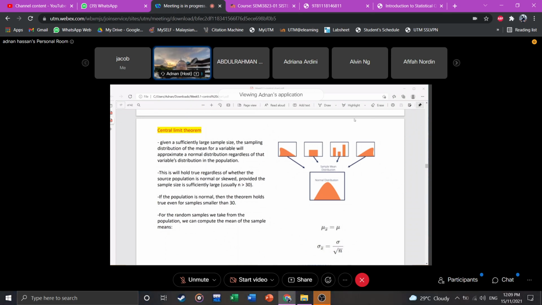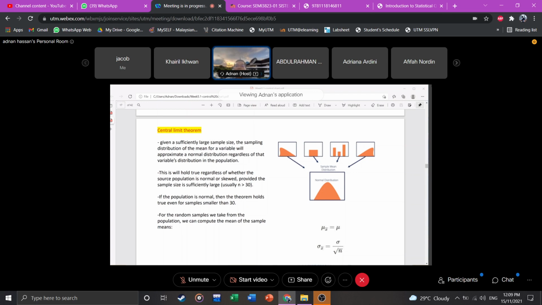We need to understand this central limit theorem related to rational subgrouping also. Anyone? Is it the normal distribution that standardized to sampling distribution? Sometimes when we take sampling, we don't get a normal distribution.